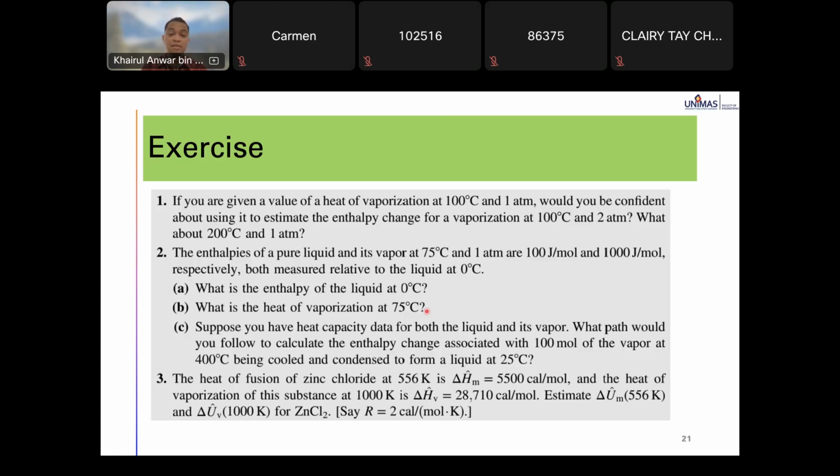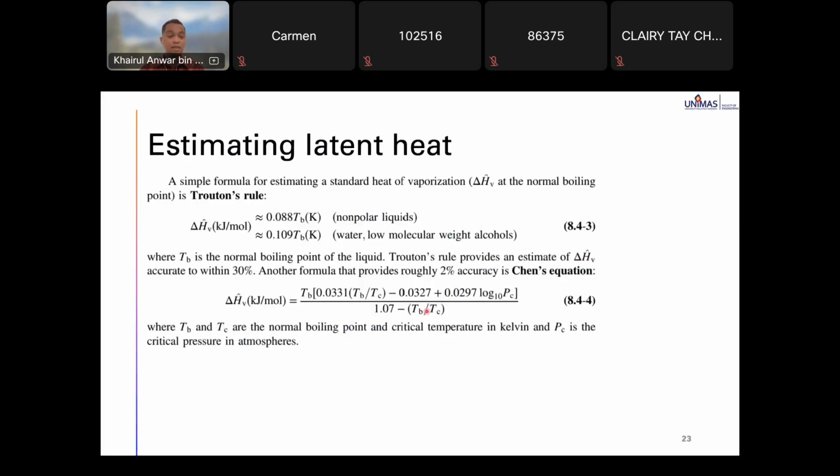For changes in temperature, not confident. Okay, next: estimating latent heat.